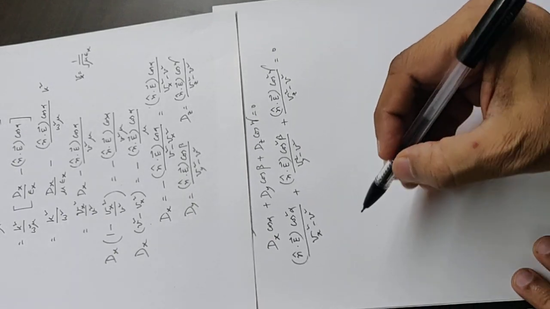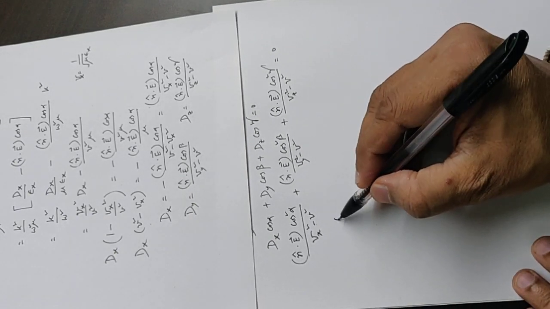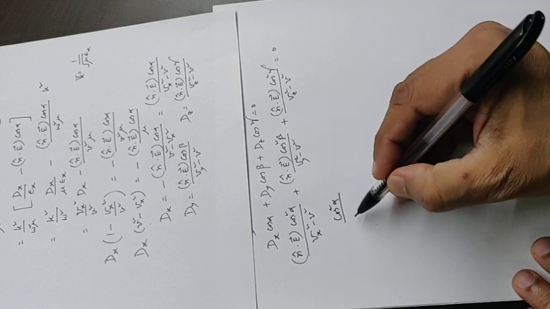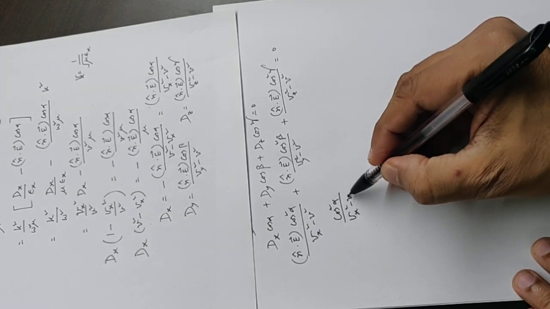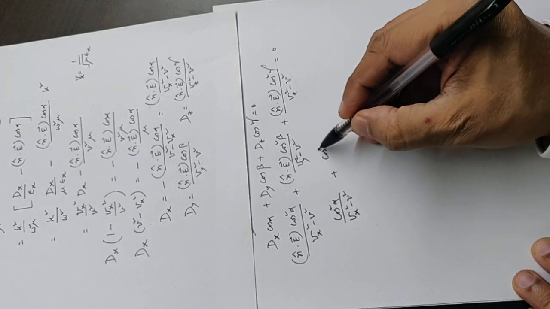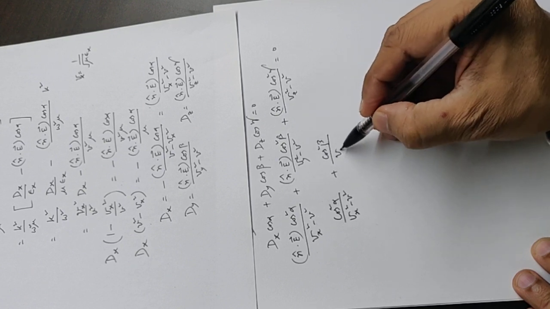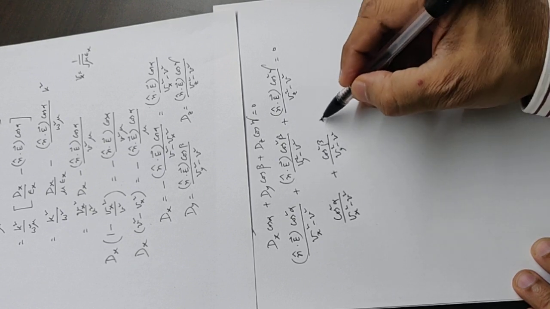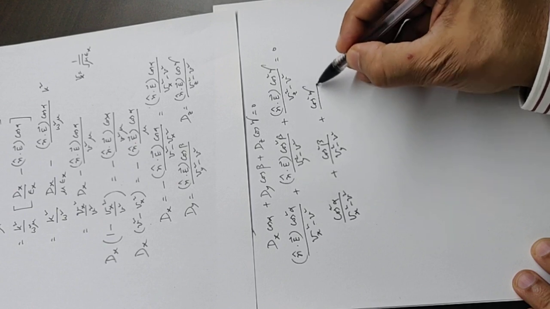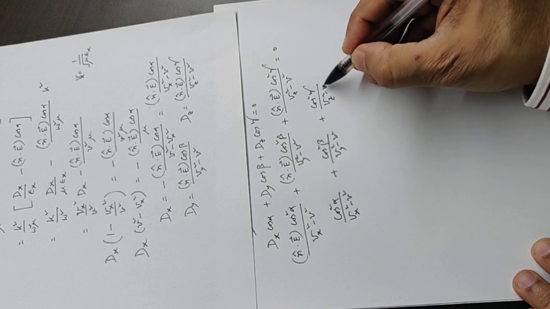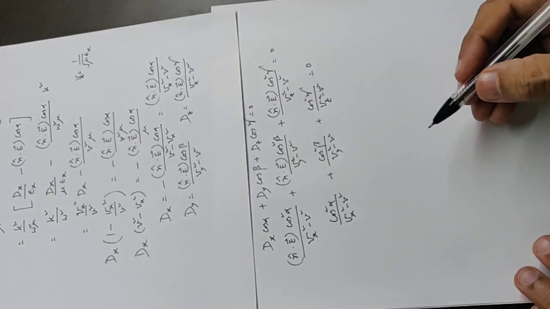So n dot E can be cancelled out throughout, and you get the relation as cos square alpha by Vx square minus V square plus cos square beta by Vy square minus V square plus cos square gamma by Vz square minus V square equal to 0.